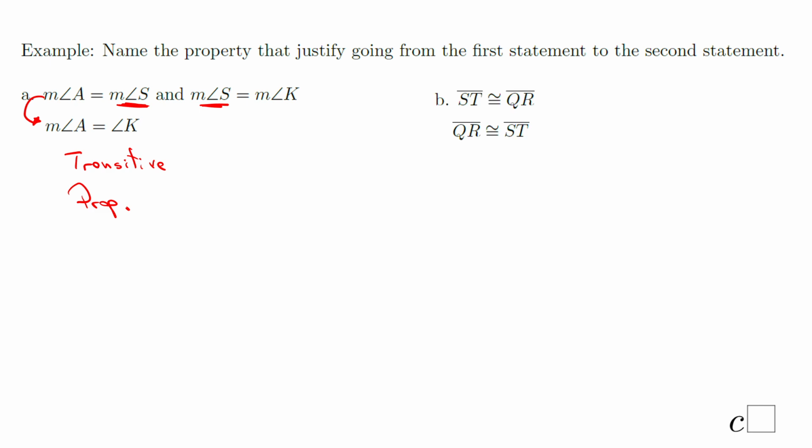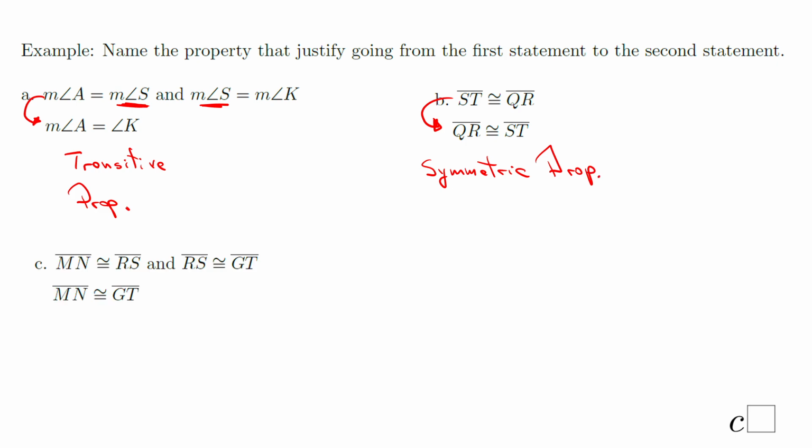What about this one here? We have segment ST congruent with segment QR, and then the second statement, segment QR congruent with ST. Do you notice? It's just flipped. We just flipped these two guys. This is what we call the symmetric property of congruence.